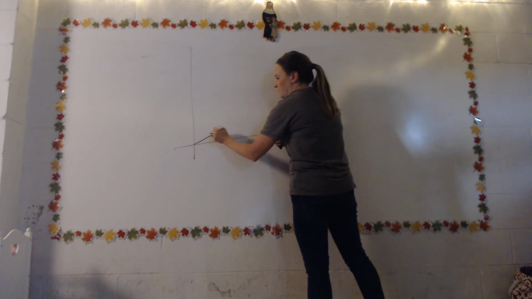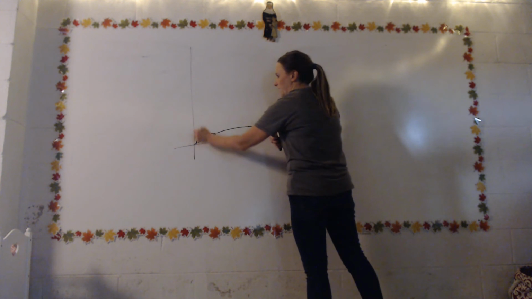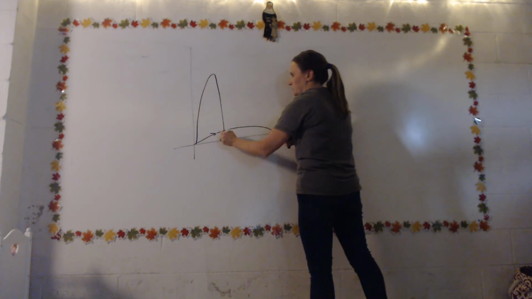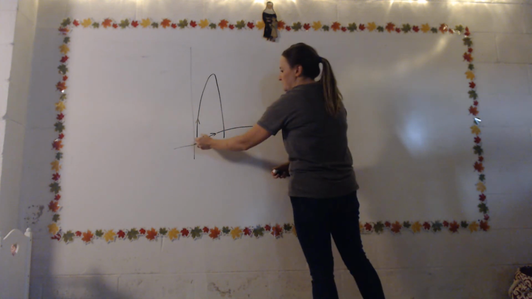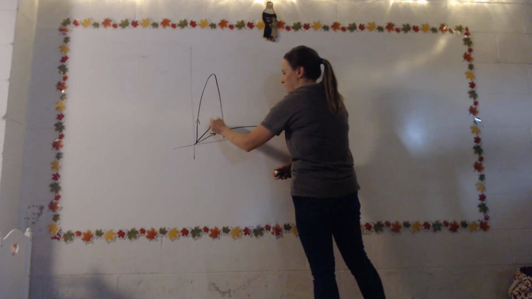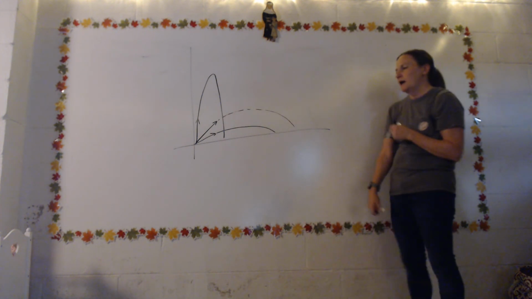If I shoot it at a low angle, its trajectory might look something like this. If I shoot it at a high angle, its trajectory might look something like this. Without air resistance, your ideal angle to get your maximum range is about 45 degrees.